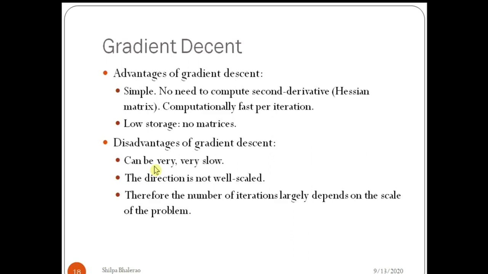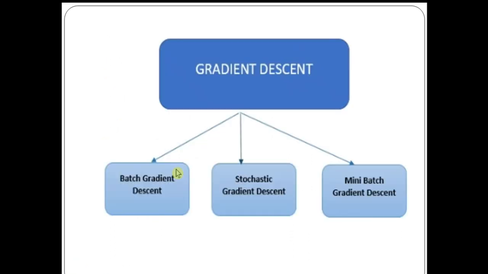The iteration largely depends on how we have taken the initial values. There are various types of gradient descent algorithm: batch gradient descent, stochastic gradient descent, and mini batch gradient descent. We will talk about these three algorithms in my next video.